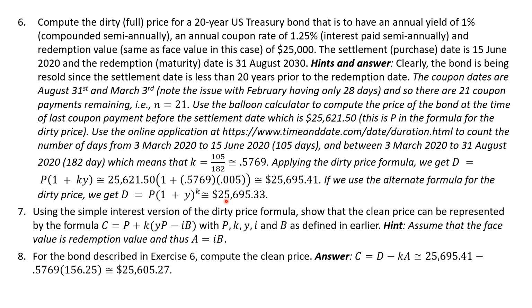This K here, the fraction of time that is elapsed from when settlement was done to the previous coupon, the yield, the interest, and B is the redemption at the end. We assume the face value is the redemption value, and so we have A equals I times B. And then you can, from there you can compute the formula.